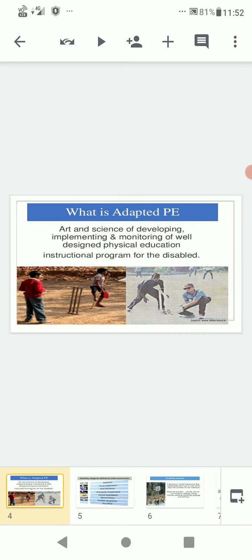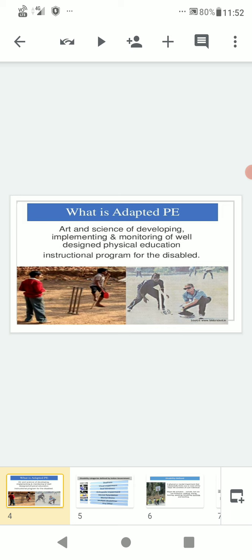So here, students, there are also some aims and objectives of adaptive physical education. About the aim, the aim of adaptive physical education is to help differently abled students to achieve physical, mental, emotional, and social growth proportionate to their potential through a specially planned program of regular physical education and recreational activities.